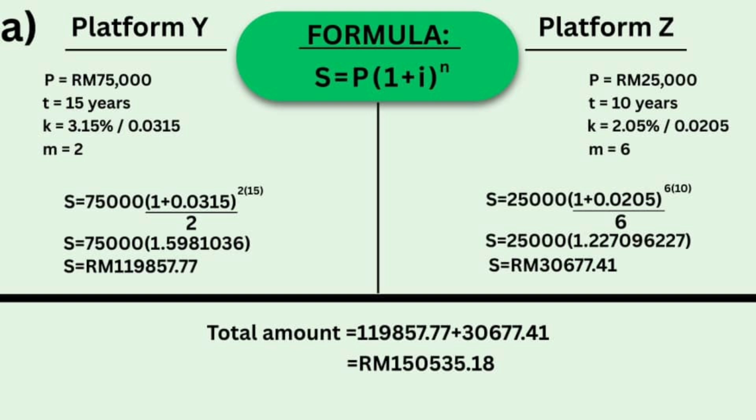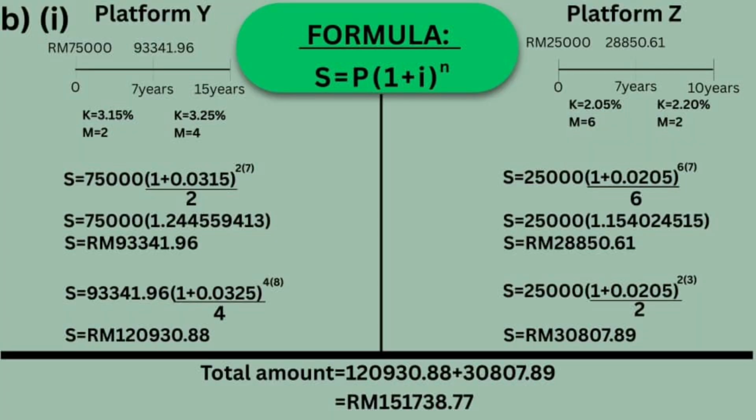Platform Z: P 25,000, T 10 years, M 6, K 2.05%. Put all the information into the formula like this. This is the accumulated amount for platform Y and Z. After that, combine the two accumulated amounts to get the final accumulated amount. This is the final accumulated amount.